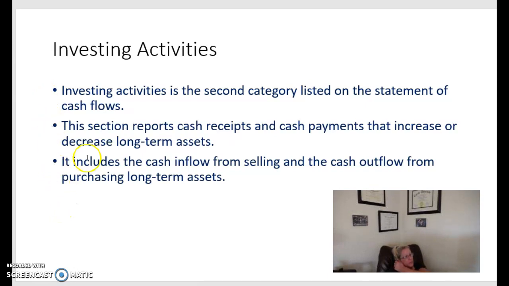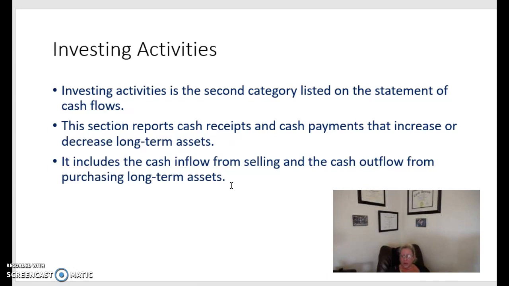So we may see some money going into investing activities. We may see money coming out of investing activities. It just depends on where we are. But one thing you do want to look out for: if a business is selling off all of their equipment and not replacing it with newer equipment, that could be a bad sign too.